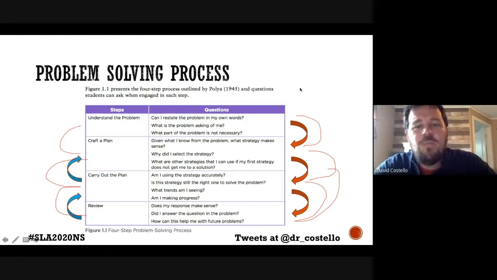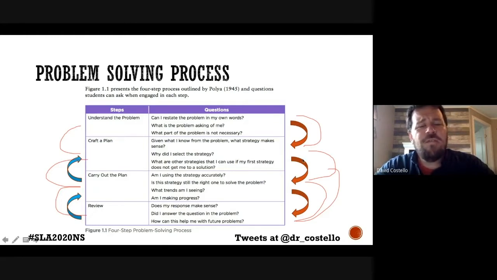If I was a visual tech person, I could make this much more fluid, but a large conversation I've had with my classes is that it's just not going through that graphic organizer, step 1, step 2, step 3. It's a fluid process where we can go from understanding the problem to crafting a plan, and then go back to understanding the problem.